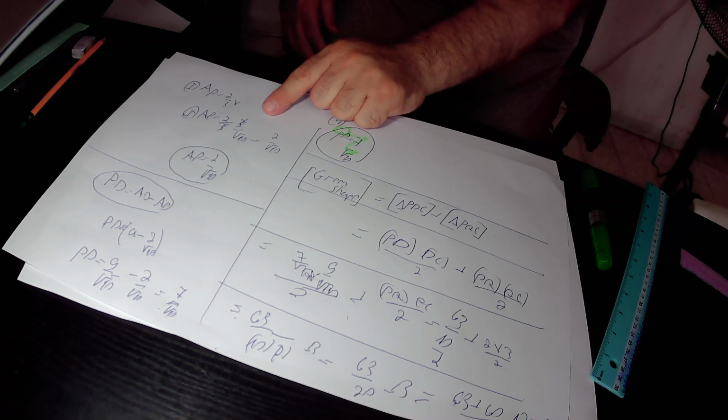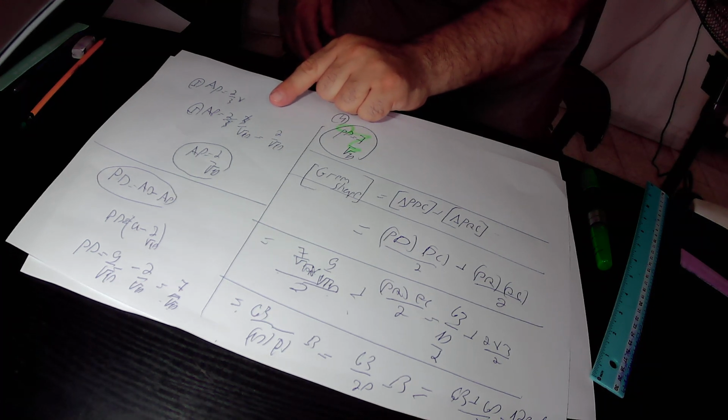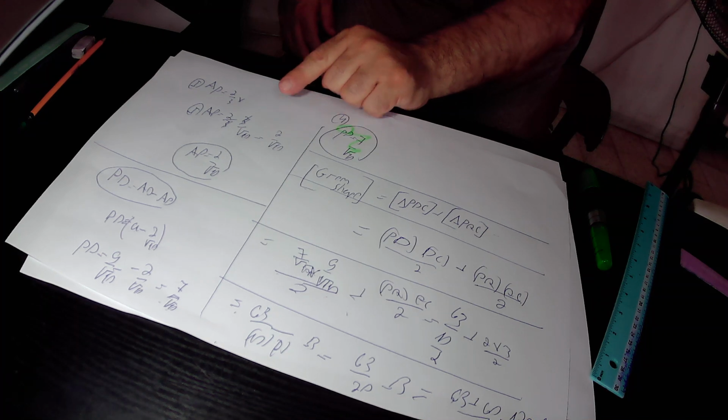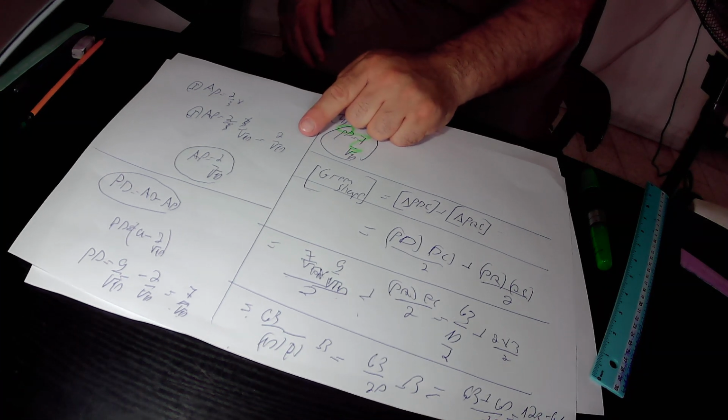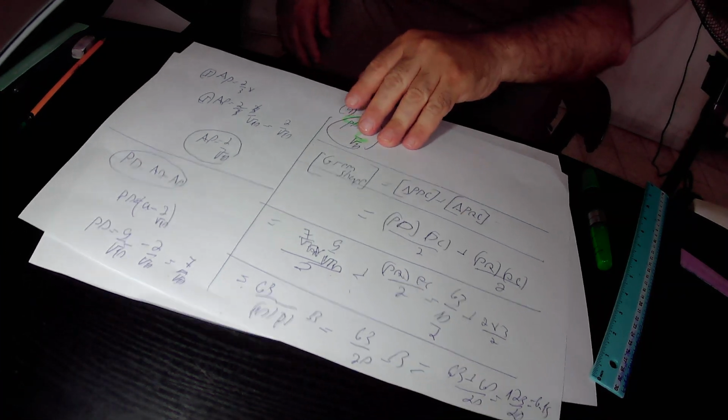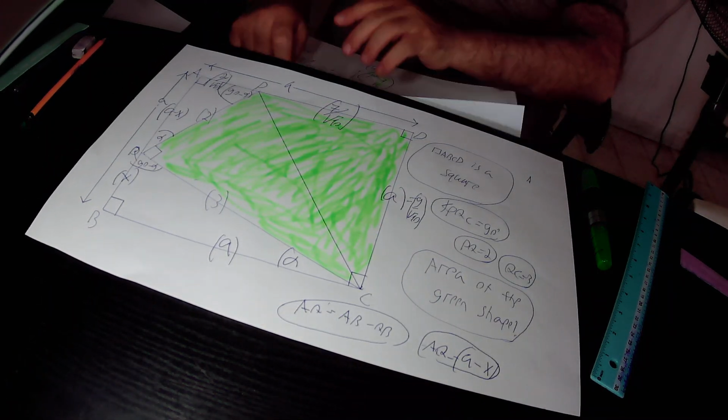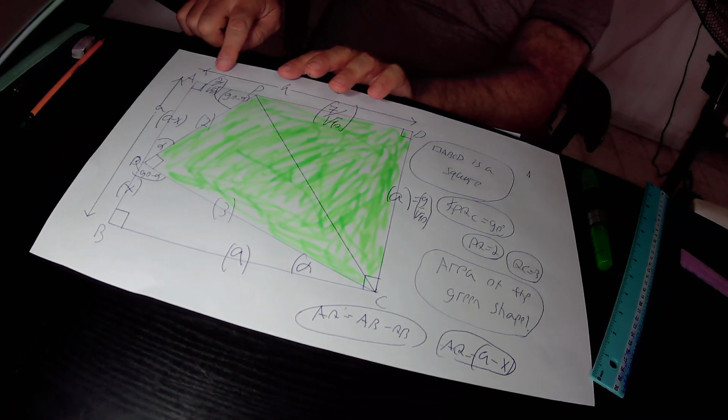So AP equals 2/3 times 3 over square root of 10. We have 3 in the numerator and 3 in the denominator, so 3 will get cancelled. After we cancelled 3, we found out that AP equals 2 over square root of 10 units in its length.